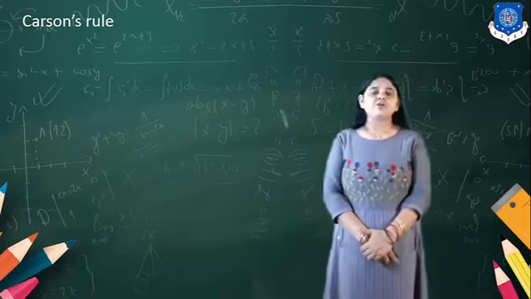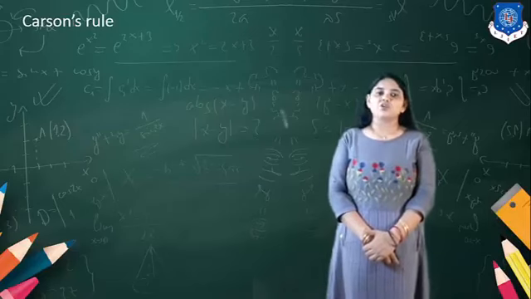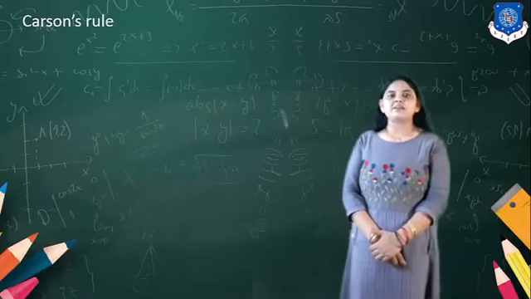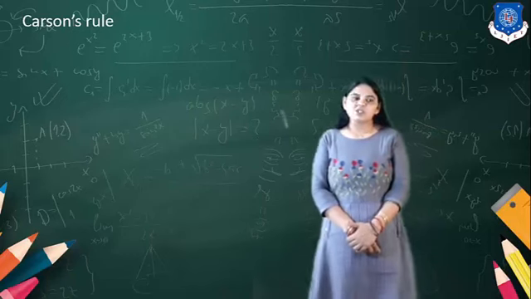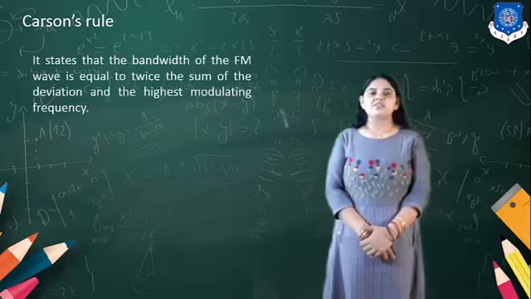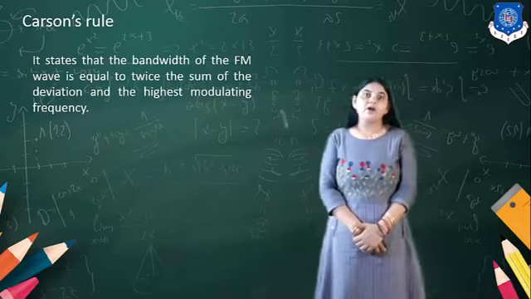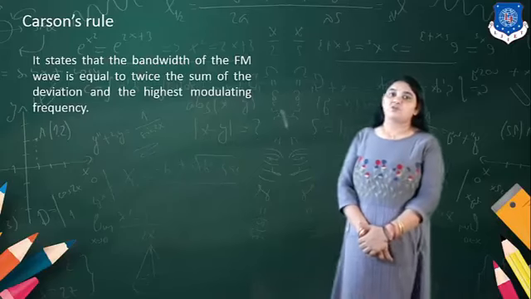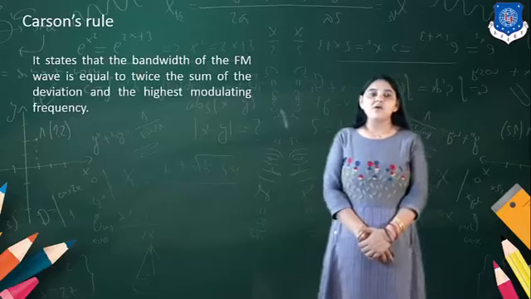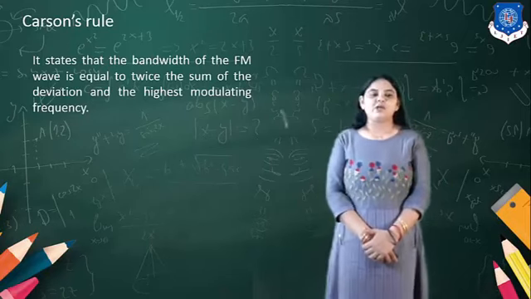So to find the bandwidth for that, we can use the rule known as Carson's rule. Carson's rule states that the bandwidth of the FM wave is equal to twice the sum of the deviation and the highest modulating frequency.